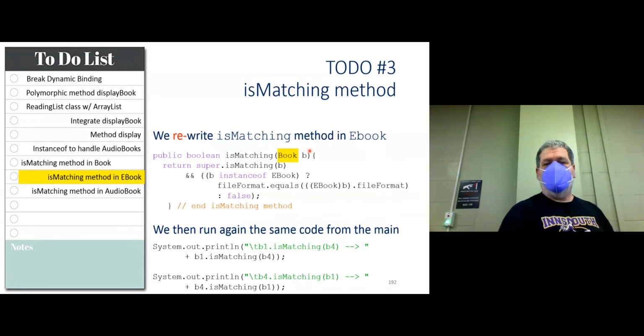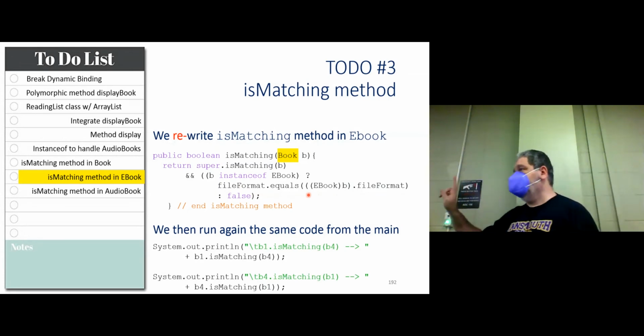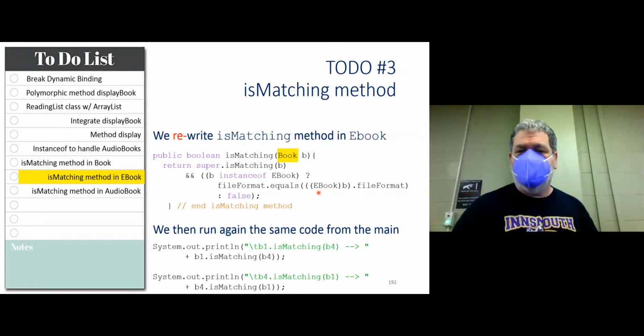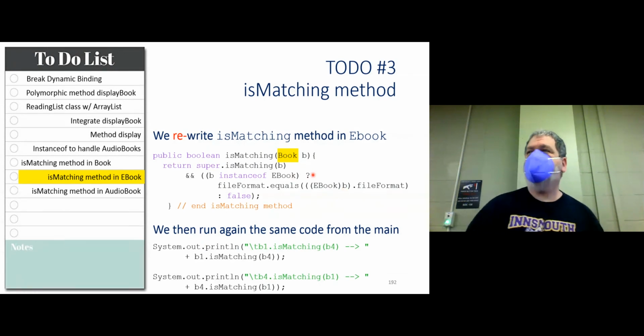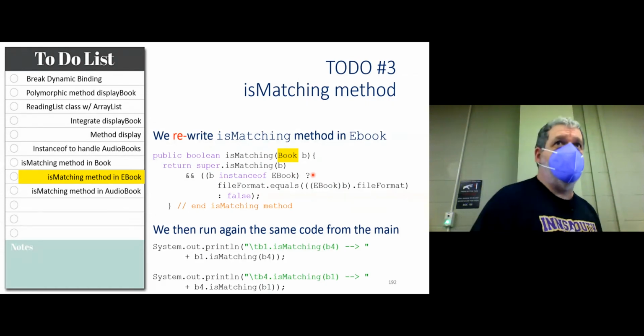If b, the parameter you gave me, is an instance of EBook, then let's compare my file format to your file format, and you have here the downcasting. So the two techniques that I had to use that we studied last week were the downcasting syntax here, parentheses EBook, parentheses b, and the use of the instanceof operator to make sure that when I downcast, I'm actually downcasting the right thing.